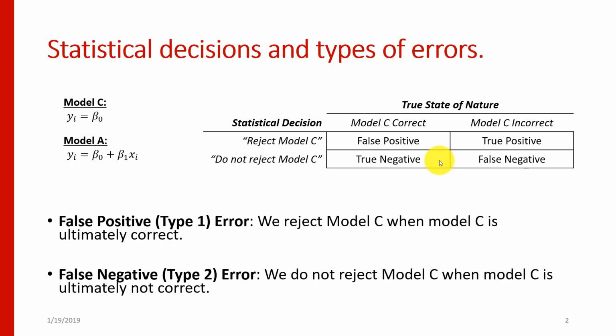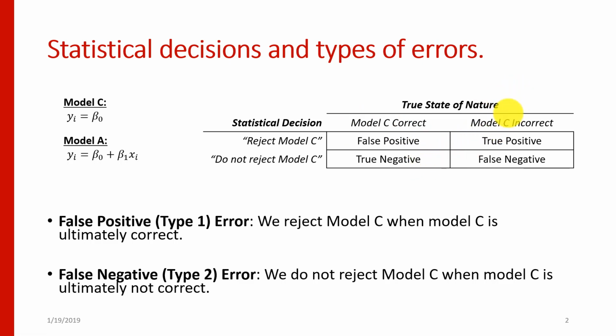We accurately did not jump to saying there was an effect when there wasn't. For instance, height and IQ probably aren't actually related in nature, so model C would be correct. If we did not reject, we would have made a true negative decision.